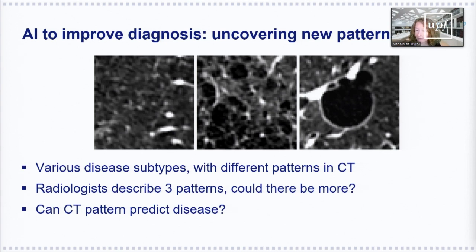Another option, as I mentioned briefly before, is to learn from disease outcome labels directly. On this very large lung cancer screening dataset, we do have disease labels and disease progression. Disease progression was measured as well. What we did was we trained a machine learner to discriminate between images of screening participants with and without COPD.